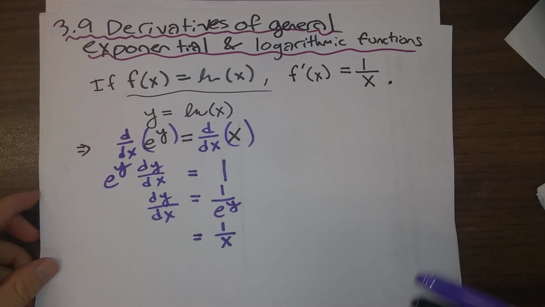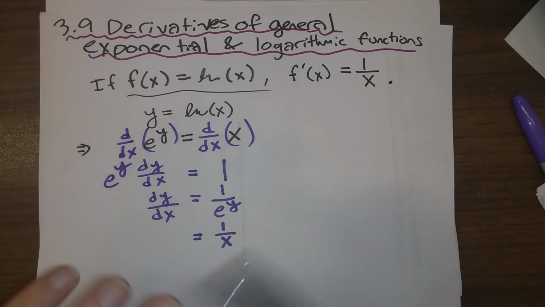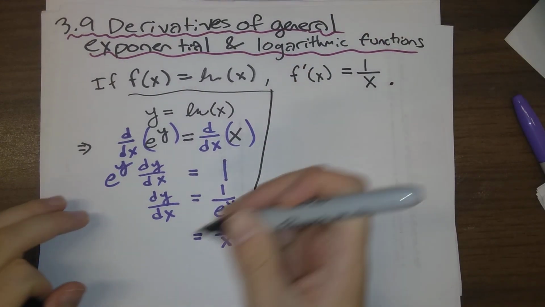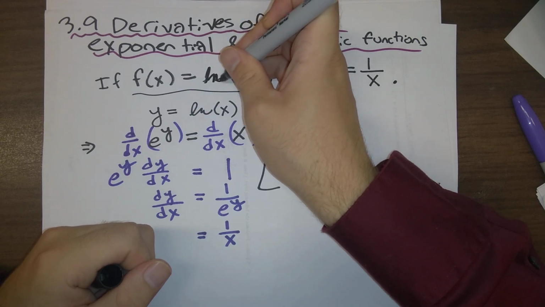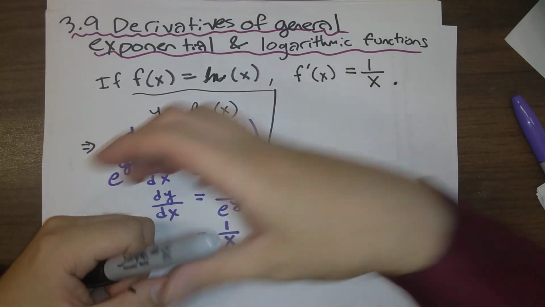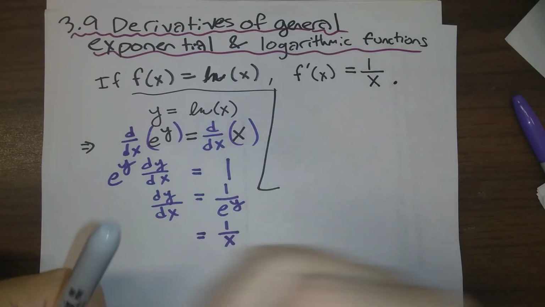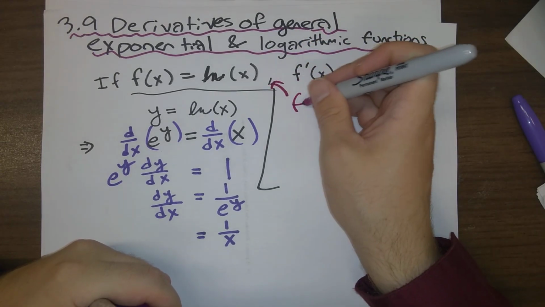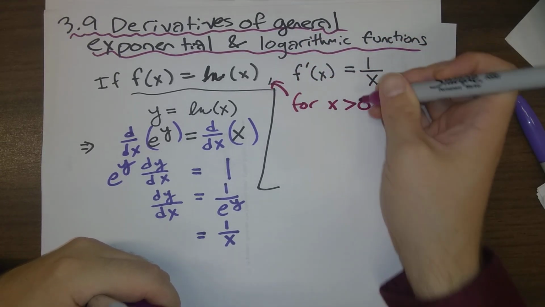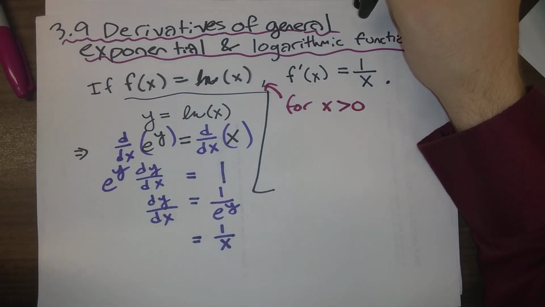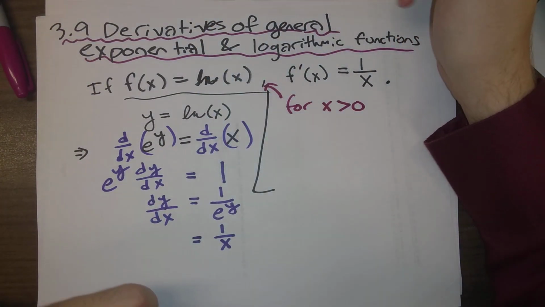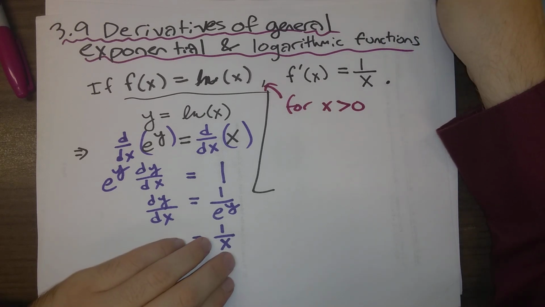By the way, before I go on to the next slide, it's worth putting a little restriction on here. The natural log of x is only defined for x positive. You can't take the natural log of 0, and you can't take the natural log of anything negative.